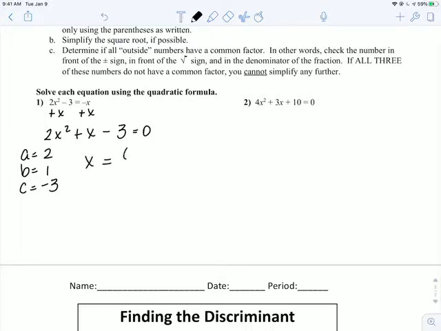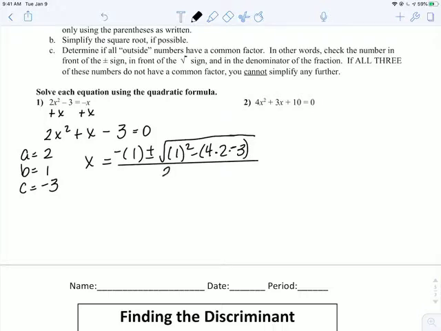So we'll have a negative b plus or minus the square root of b squared minus 4 times a times c, all over 2 times a.